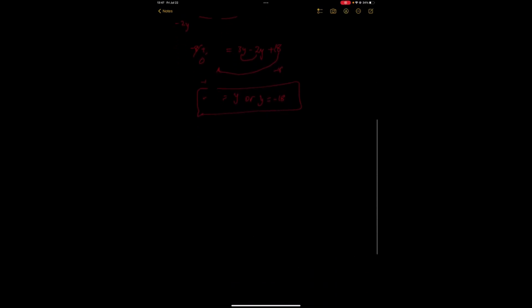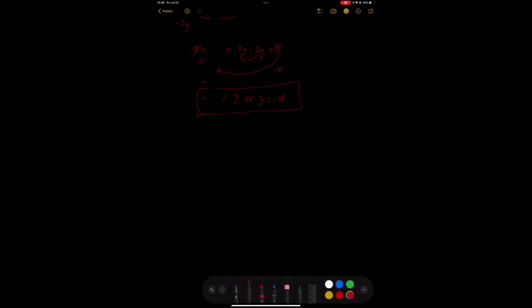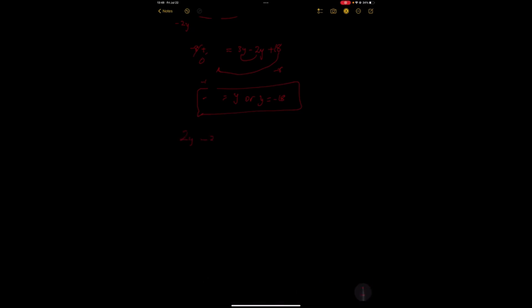Quickly, if I had put the y on the left side, I would have had 2y minus 3y, and then the minus 8 and 8 would also already equal 0, but I would have had that equal to 18.